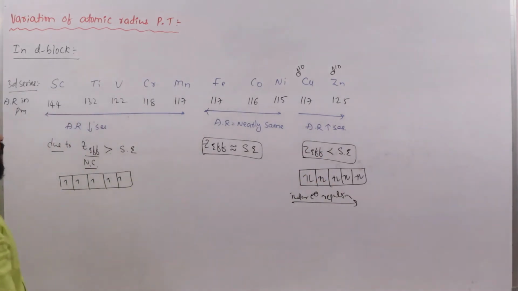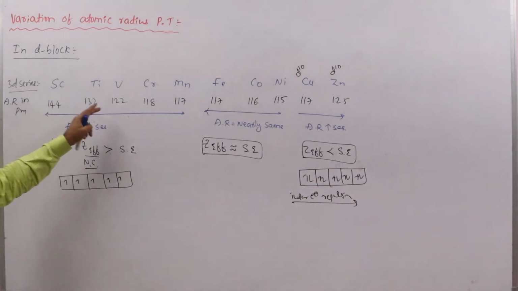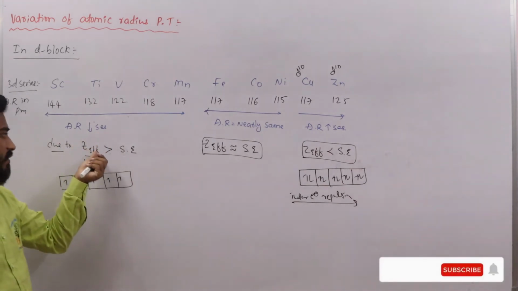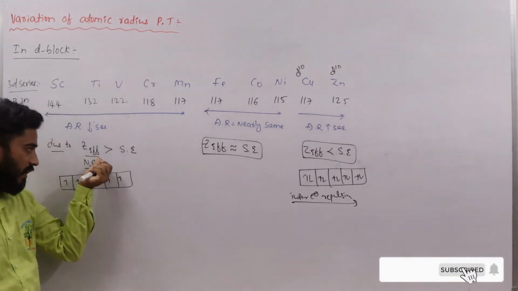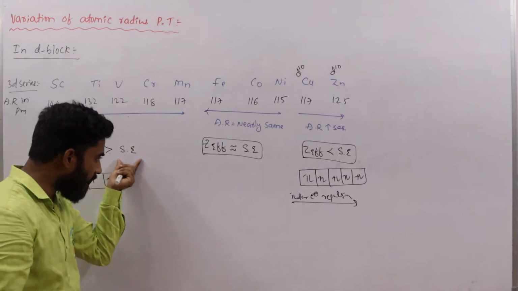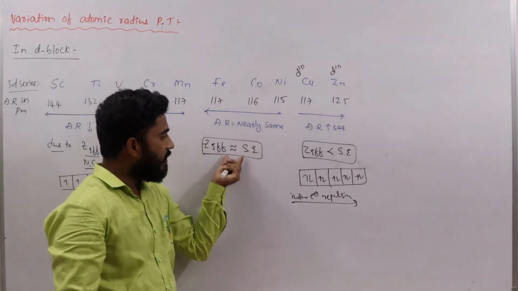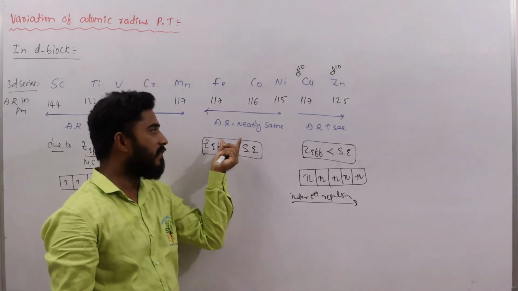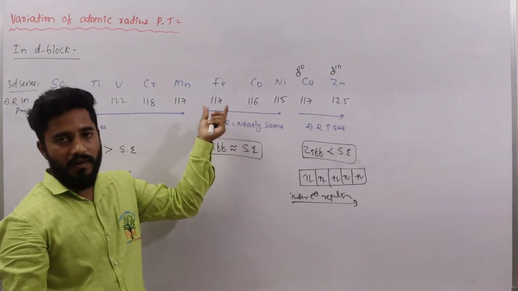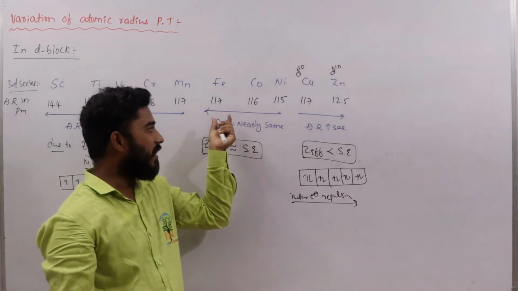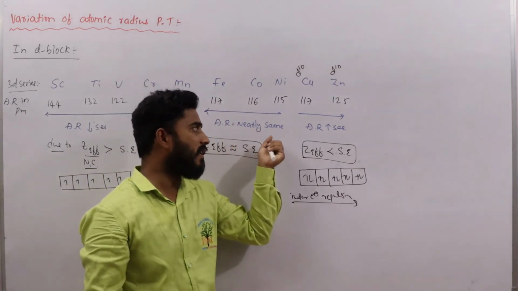Okay. In the first case, scandium to manganese, atomic radius decreases because Z effective nuclear charge is greater than the screening effect. From iron to nickel, Z effective is nearly equal to the screening effect. That's why the atomic radius values are constant, nearly the same.